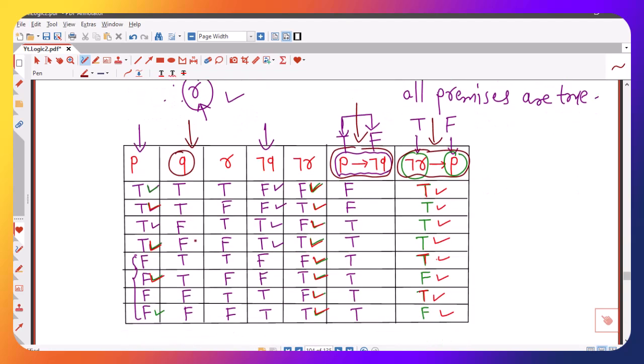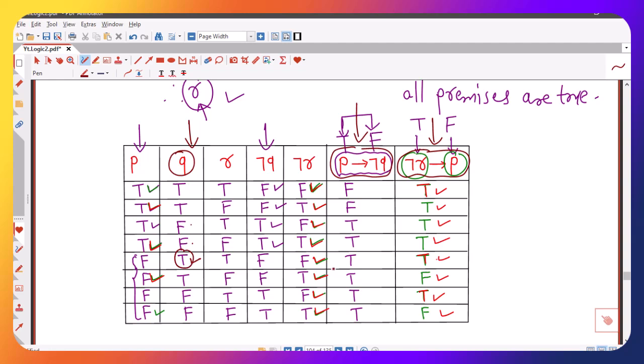So first we check for the first row. In the first row Q is true and this is false. Then we check for the second row. In the second row also all are not true. In the third row Q is false. In the fourth row Q is false. And in the fifth row all are true.